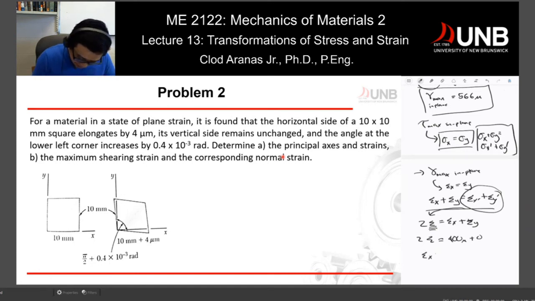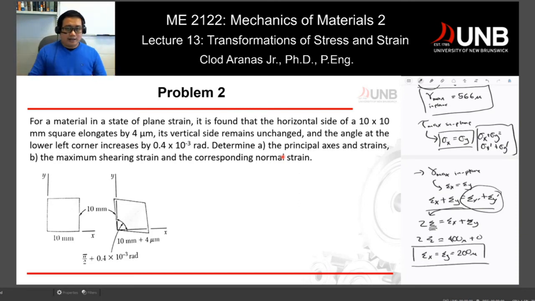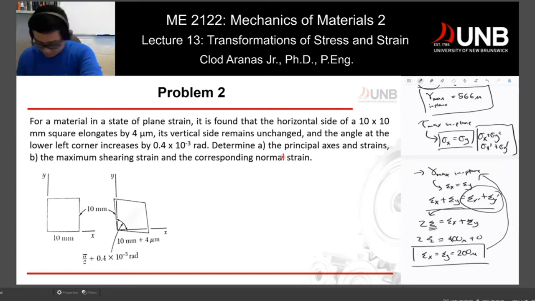Epsilon x is equal to epsilon y, and that's equal to 400 mu divided by 2, and that would give me a value of 200 mu. So that would be my normal strain when I'm at my maximum in-plane shear strain. Any question? Oh yeah, I did calculate it. I just can't track which one is which, but yeah, that's there.